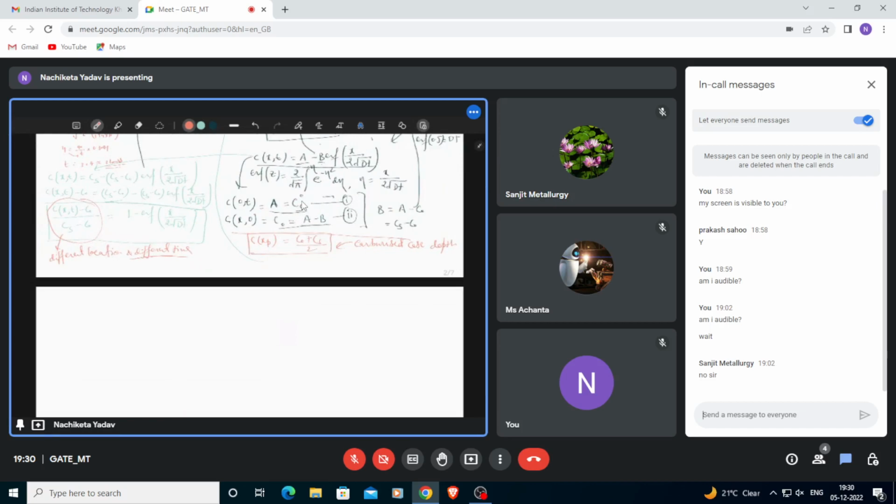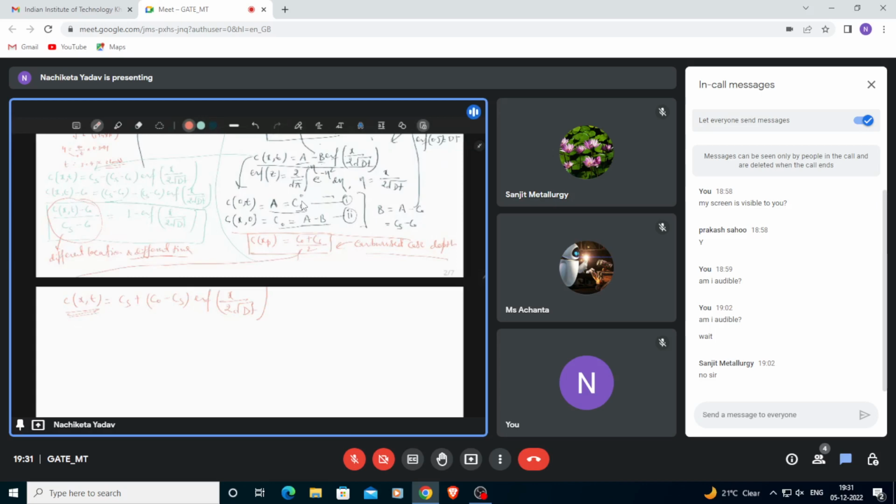And already we know C(x,t) equals Cs plus C0 minus Cs times error function x by 2 square root of Dt, and this value we can put in.